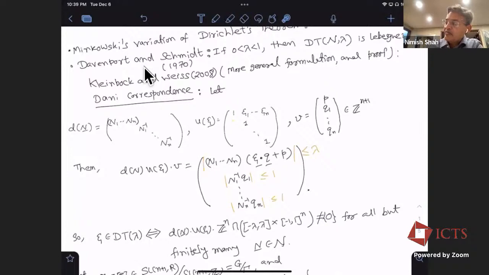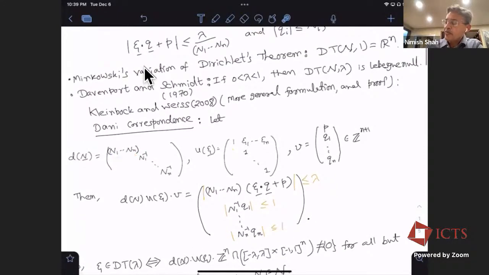So you look at a diagonal matrix whose top corner entry is just the product of all these numbers n1 into nn. And then on the diagonal, you put n1 inverse to nn inverse. So this becomes a diagonal matrix inside SL_{n+1}(R). Okay, so there are n plus 1 entries here. And then you take u_C, put 1 here, and then C1, C2, Cn here. And you choose a vector v as P and Q1 to Qn in Z^{n+1}.